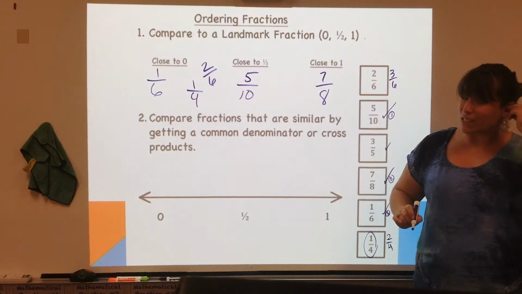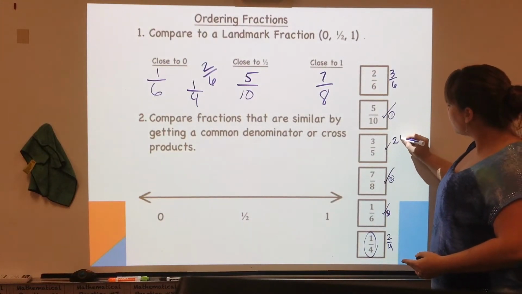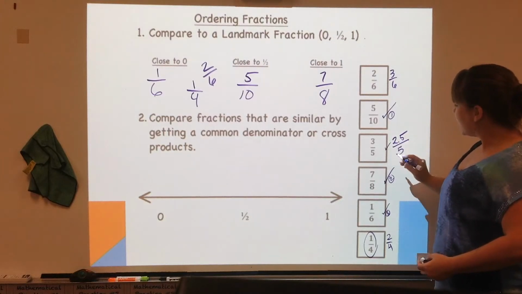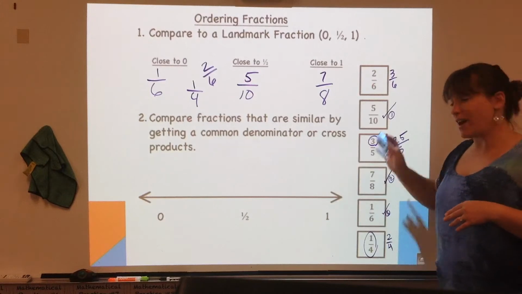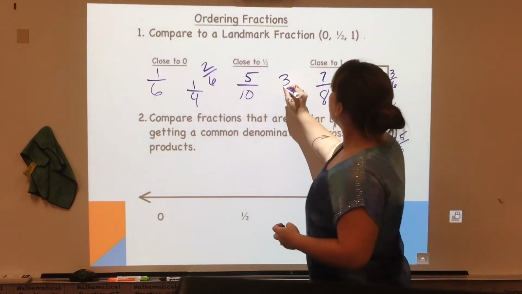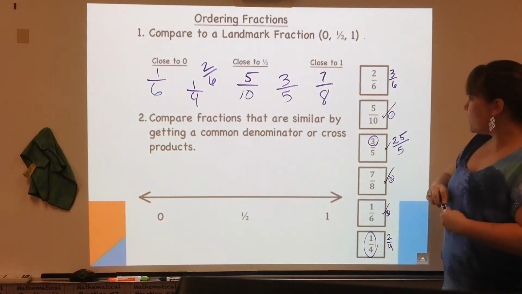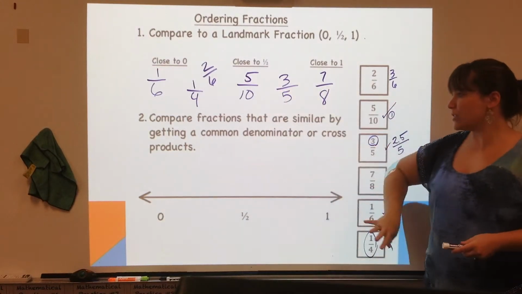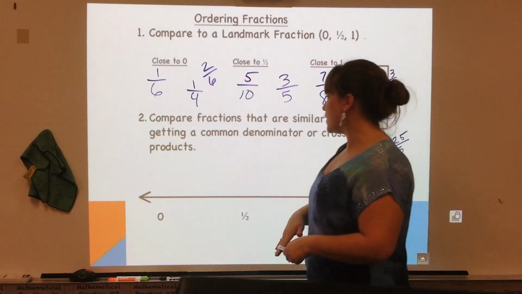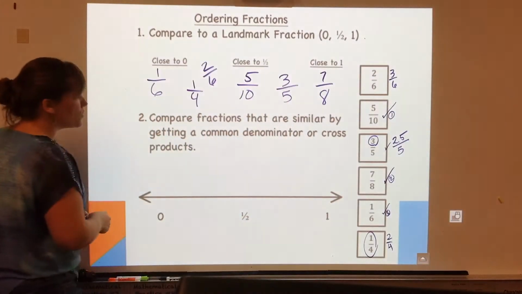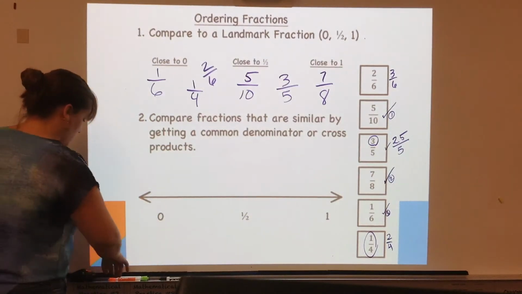When the denominator is odd, it's a little bit trickier because half of 5 is 2.5. And since 3 is higher than 2.5, we know that 3/5 is somewhere between half and 1. So it's just a strategy to categorize fractions, and now we're going to put them on the number line so we order them from least to greatest. We're going to compare fractions that are similar at the end.